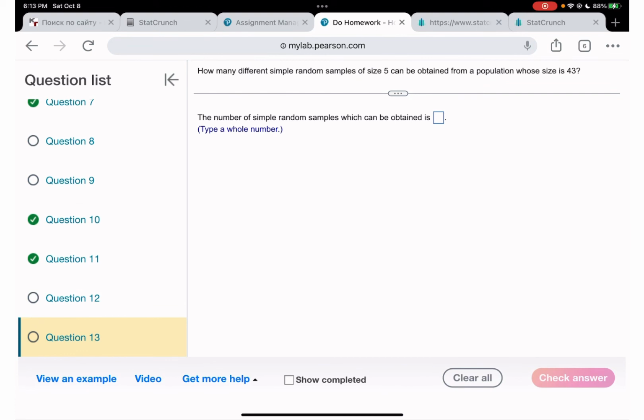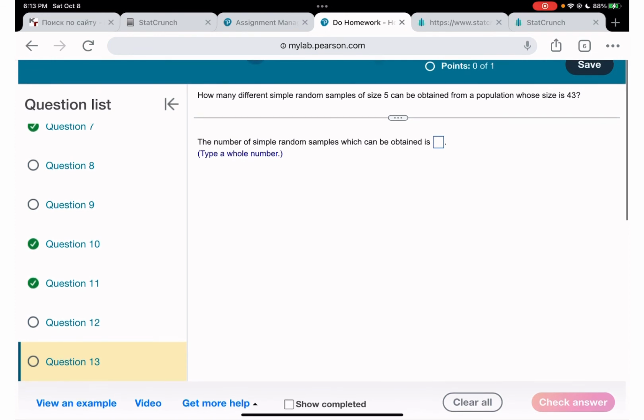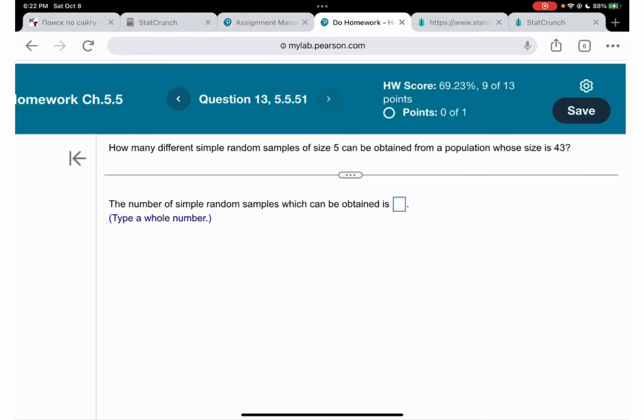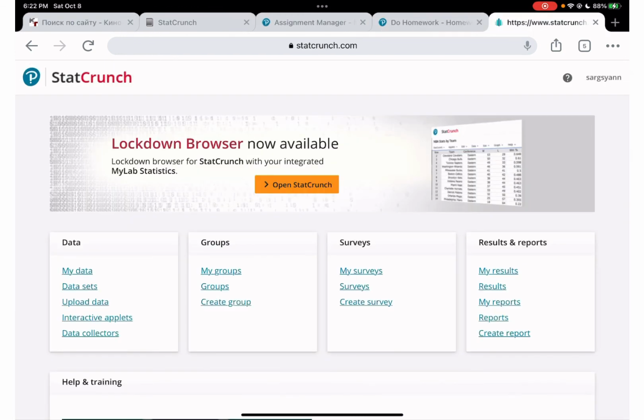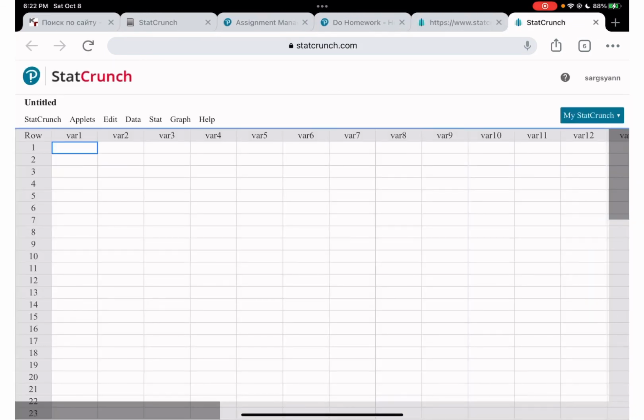Okay. How many different simple random samples of size 5 can be obtained from a population whose size is 43? So we need to find out how many combinations of 5 we can get from 43. Okay? So what we're going to do is get combination, 5 of 43.